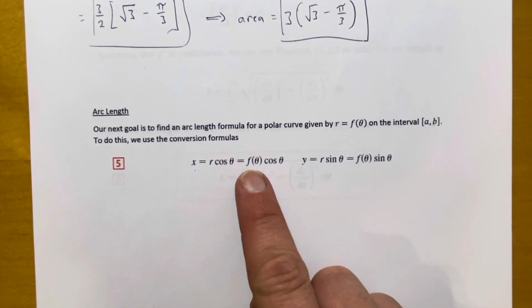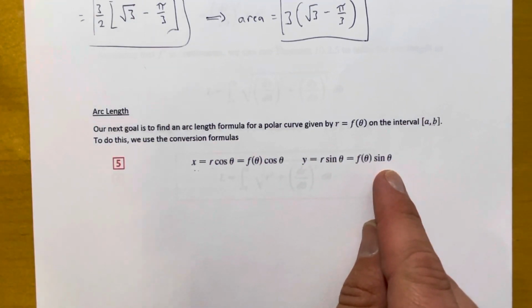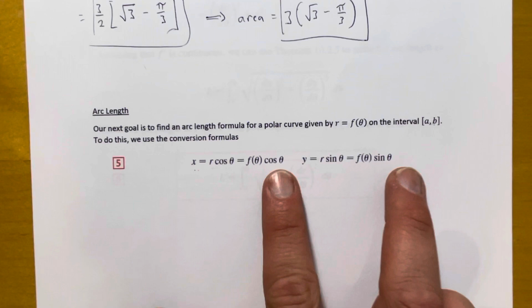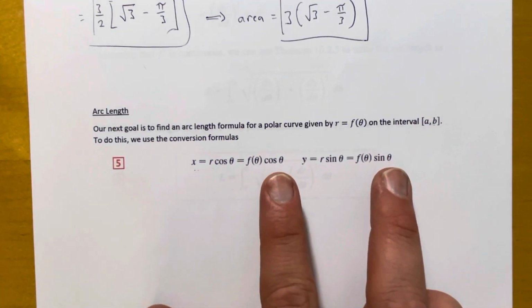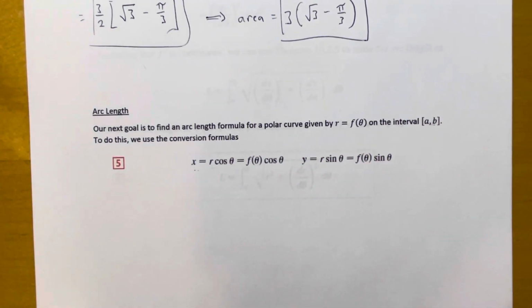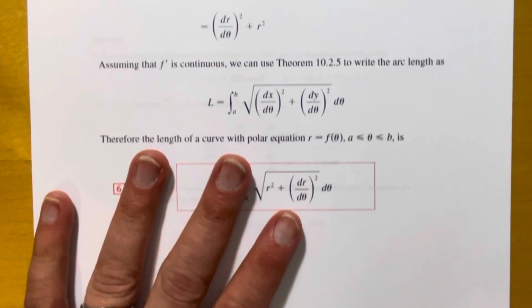So x is equal to f of theta cosine of theta. Similarly, y is equal to f of theta sine of theta. This is defining both x and y as functions of theta. So I'm going to think of theta as a parameter, like a t, from section 10.2, and that means I can use the results of 10.2 on this thing.